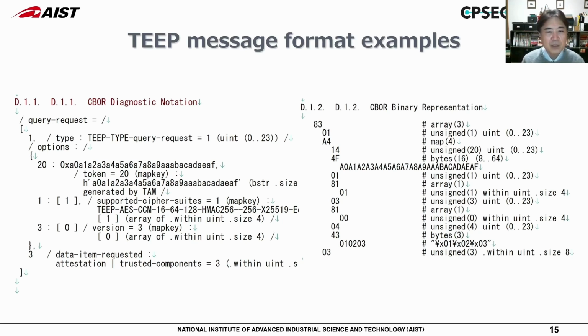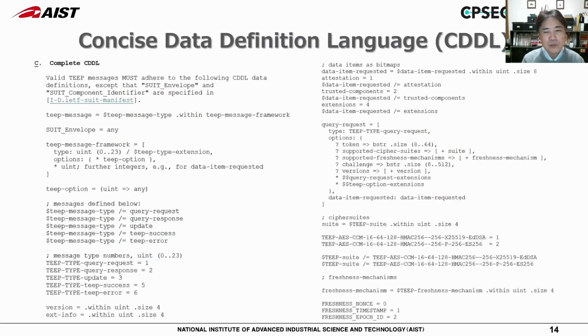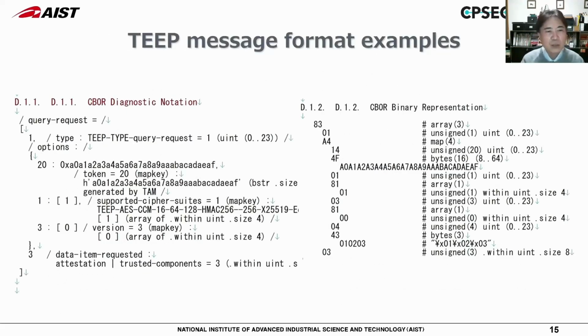So we have an example converting from CDDL to CBOR diagnostic notation, and CBOR diagnostic notation is meant to be converted to the binary, which is written on the right side. So the TAM and device are able to communicate by sending this binary between them.